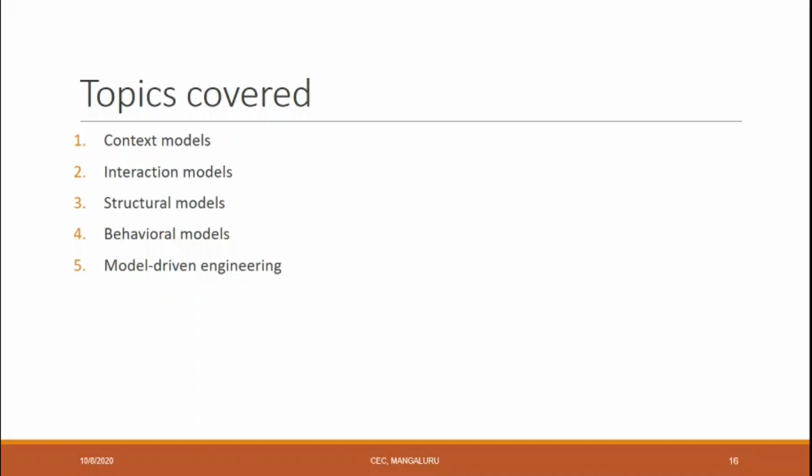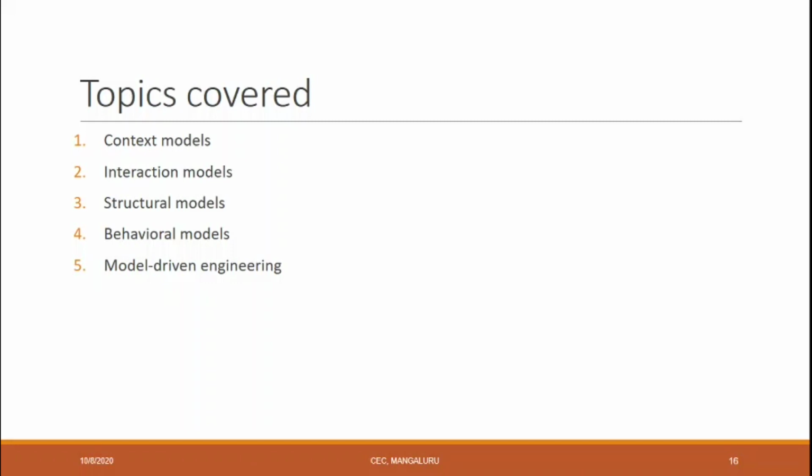Then next we saw about context model and why context model is important before system implementation, and we saw the example of the mental health care patient management system context model diagram, as well as the activity diagram of the mental patient healthcare system.